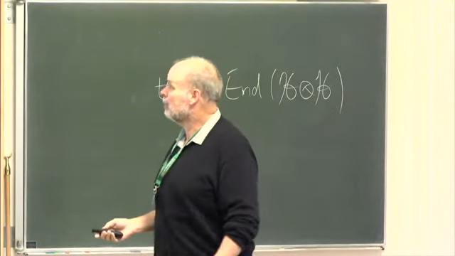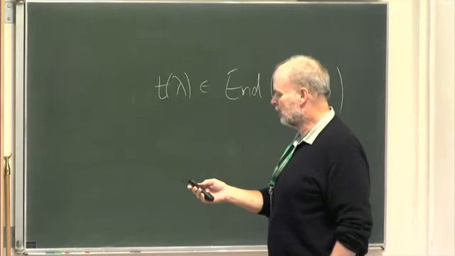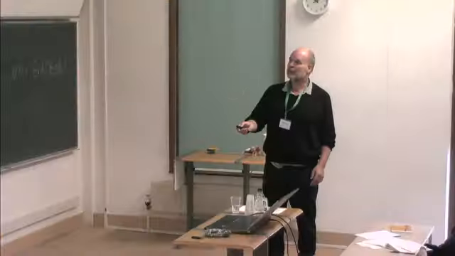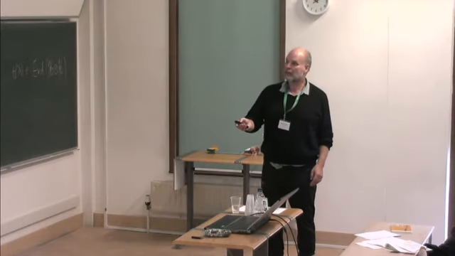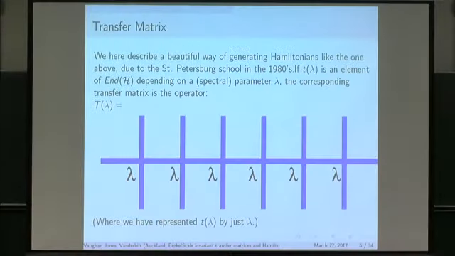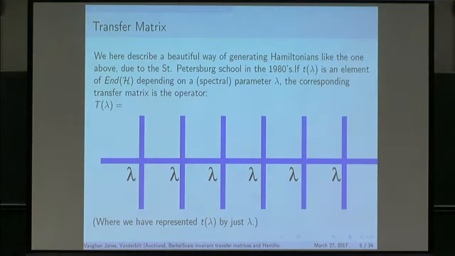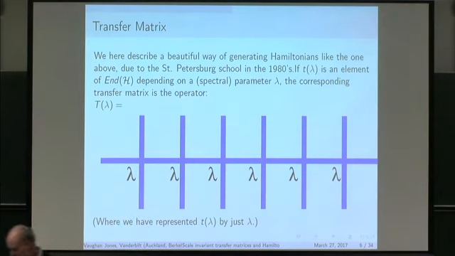Depending on the spectral parameter, the corresponding transfer matrix, which comes from statistical mechanics, and I'm not going to go into the origin, is the following operator. This is a tensor network picture of it, where I have simply suppressed T of lambda and just written it as lambda. You notice this T of lambda is occurring in this position on all these places here. And maybe I've imposed periodic boundary conditions so that it wraps around.